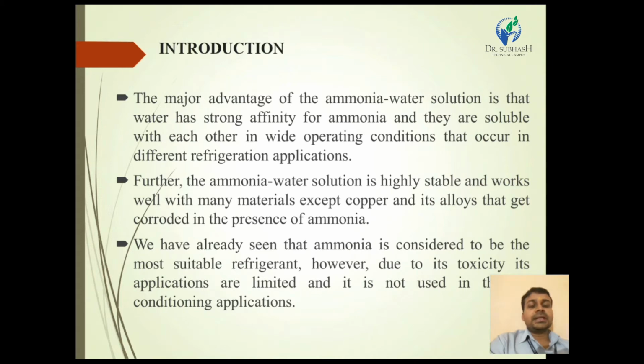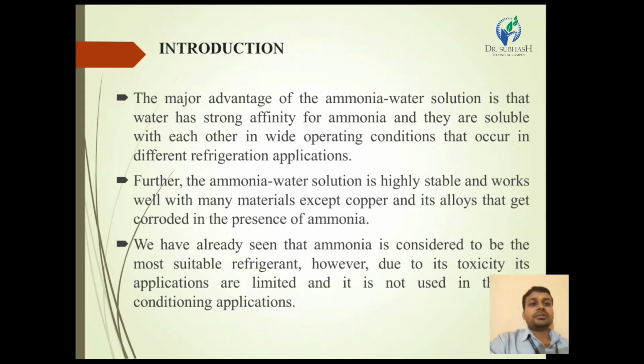Whenever we use any refrigeration system, the refrigerant passes through a copper tube or any alloy tube, so it should be non-corrosive. That is why we use this type of strong solution of ammonia and water. We have already seen that ammonia is considered the most suitable refrigerant.